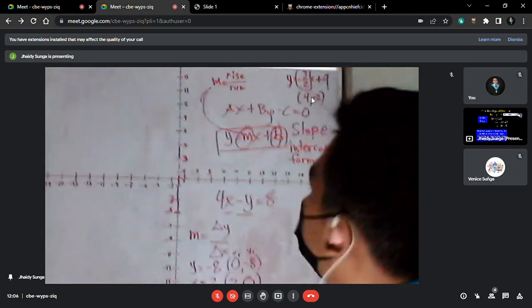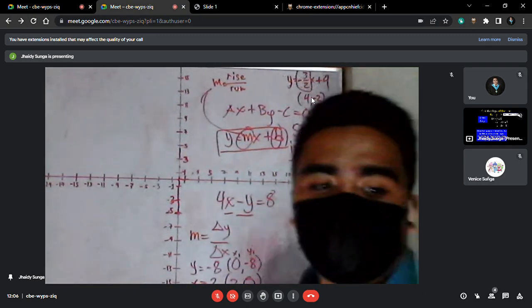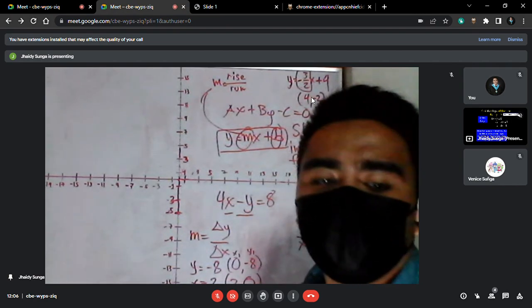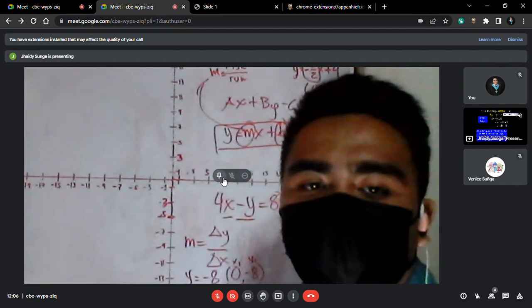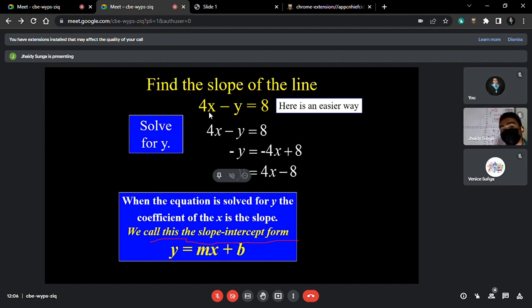For example, let us have, from the presentation a while ago, 4x minus y is equal to 8, right? So the first thing we need to do is to find the y-intercept. Transfer all the values and find for the y. Y should be the only thing that we are to find.